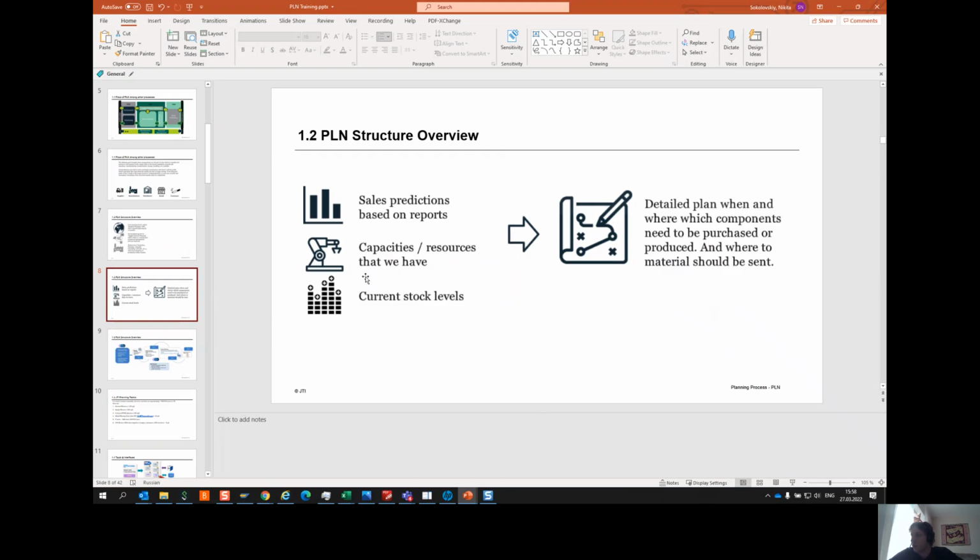Also, we need to consider our capacities and resources. That means our actual machines. Some of them can demand some repair, or for example, we are planning to buy some more equipment, or some equipment just became obsolete, or maybe we have pretty well working equipment, but it just doesn't suit a new product which we are going to implement starting from next month.